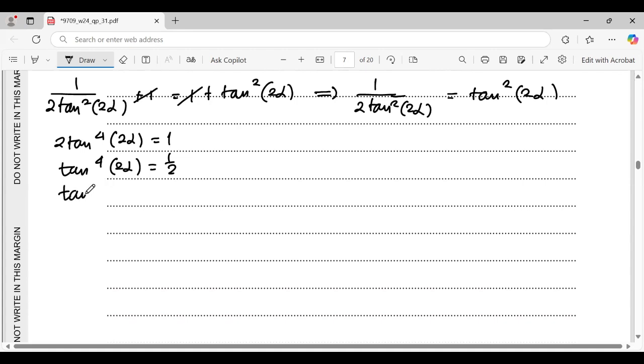So tangent squared 2 alpha equals square root of 1 half, or 1 over square root 2.